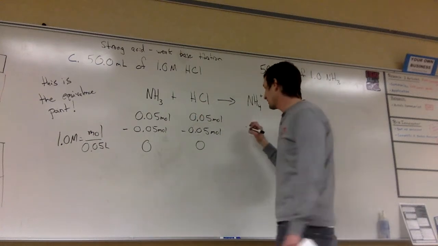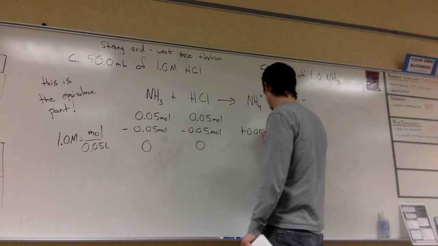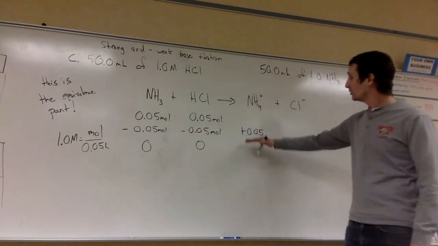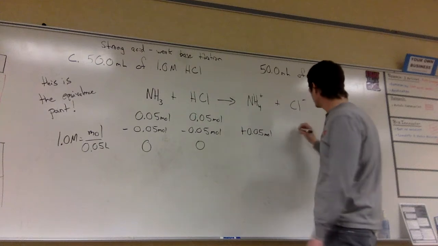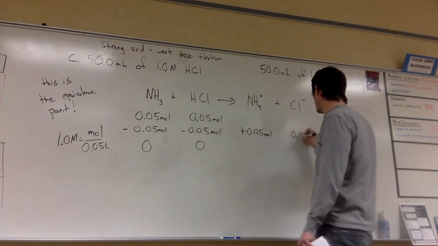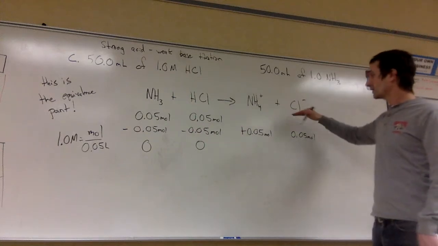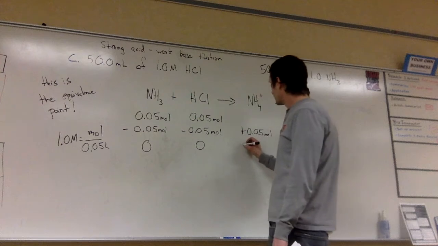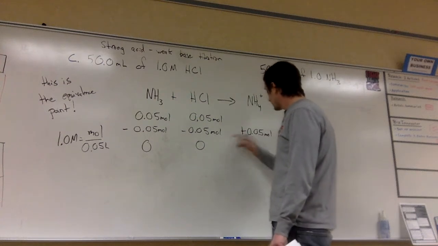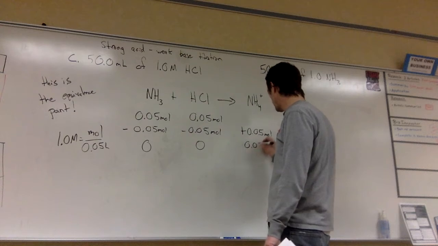Whatever we use from the reactant side, we gain on the product side. So we've gained 0.05 moles of NH4, and we've also gained 0.05 moles of chloride, but again, this one's a spectator ion, so we don't really care about it.